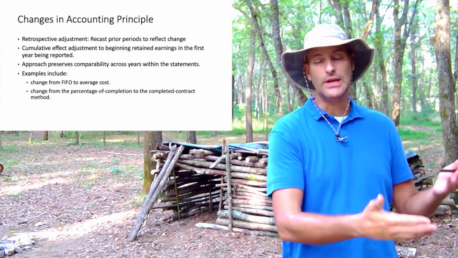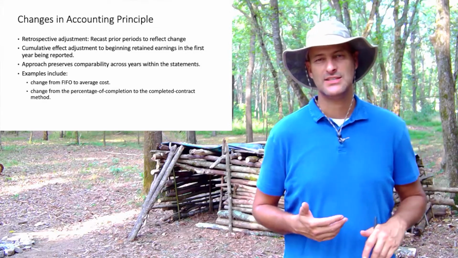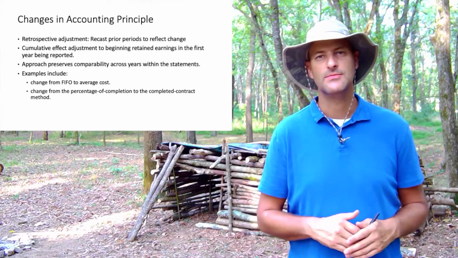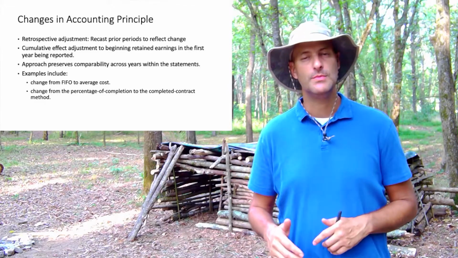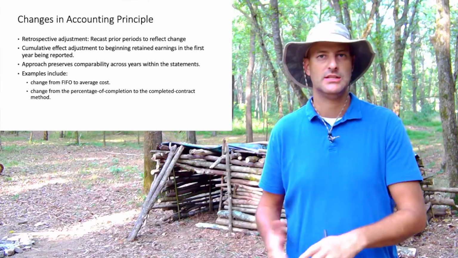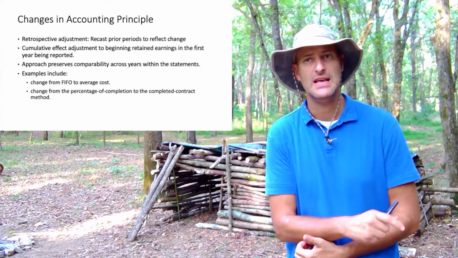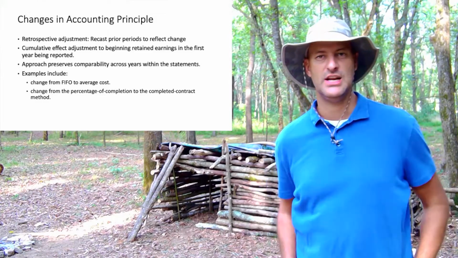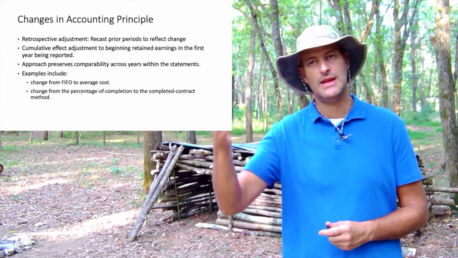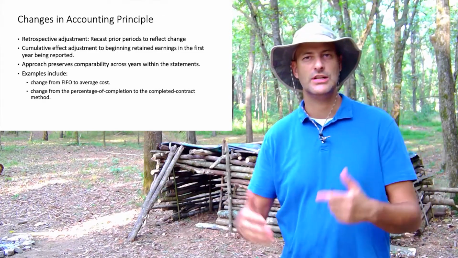Any cumulative effect of that, which is usually just associated with the assets that are still in the balance sheet, so it's not as arduous a task as you might think, all ends up stuffed into beginning or opening retained earnings, as if we'd earned it and it went into retained earnings, or if it caused a reduction in prior income, it would reduce retained earnings at the beginning of the period. Then we would add in our current net income, take out dividends, ending up with ending retained earnings every period that we report.